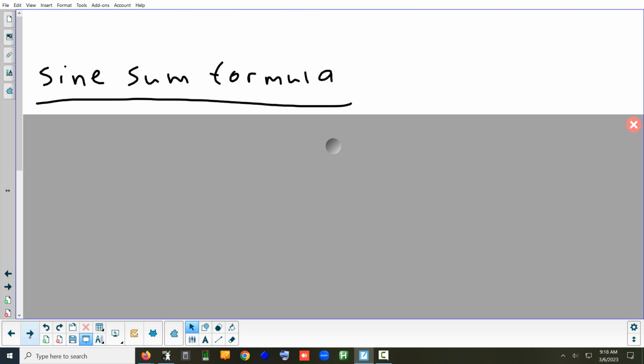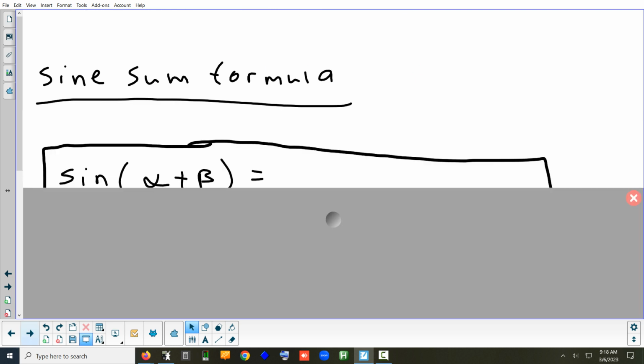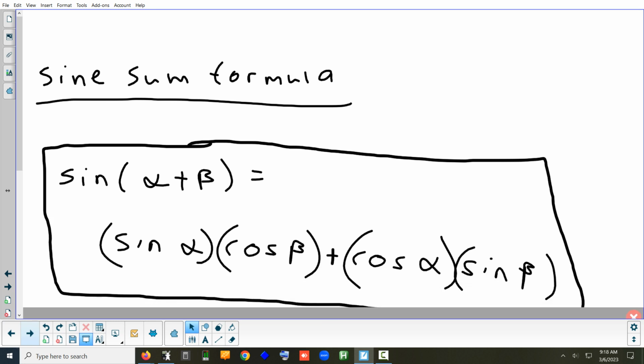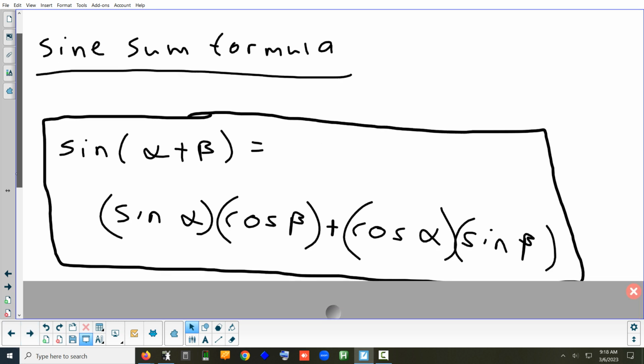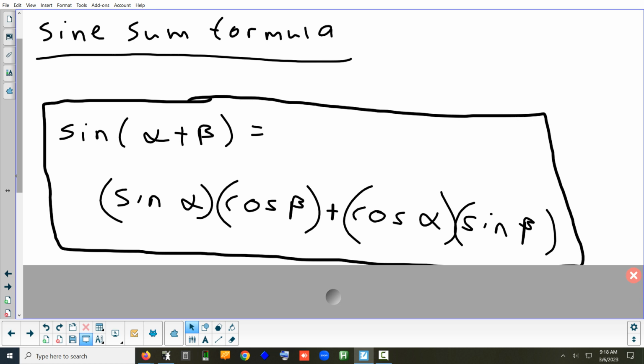Okay, so we've done the cosine sum and difference. Now let's look at the sine sum and difference. It's kind of similar, but it's a little different too. Does anybody see what's different about the structure of how this is set up? Instead of two cosines and then two sines, it's a sine times cosine plus cosine times sine.